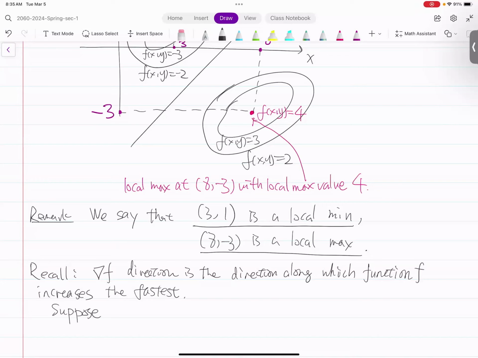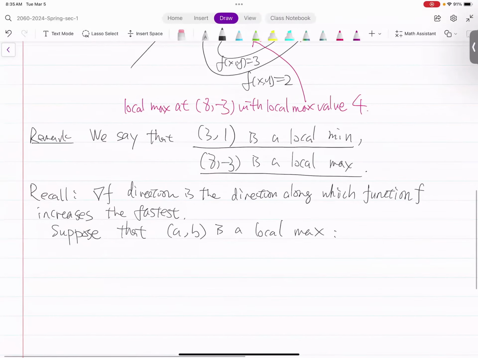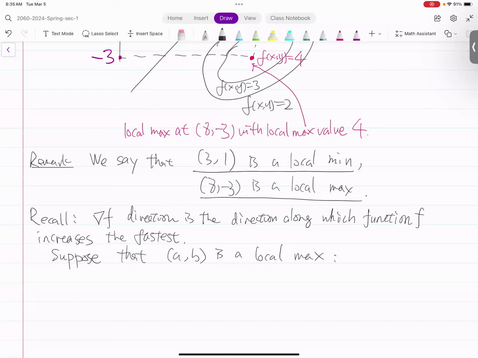Suppose that the (a, b) pair is a local maximum, just like the local maximum that we have in the figure above. So basically, we may have a contour with a level, let's say k minus 2. And then on the inner side, we have an even higher contour, which is level k minus 1.